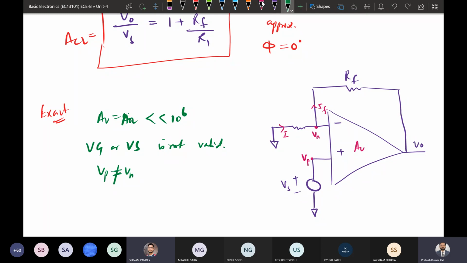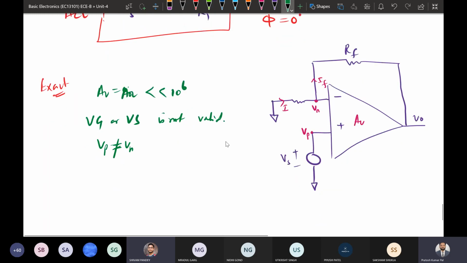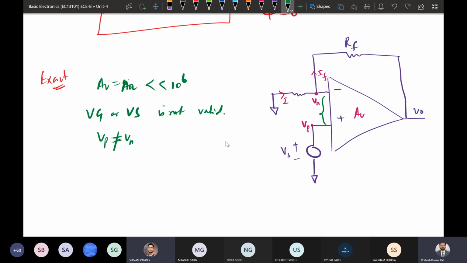For that, we will find out the input. So this is the input. The input voltage will be Vp minus Vn, multiplied by the gain.